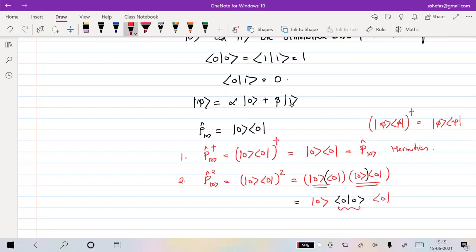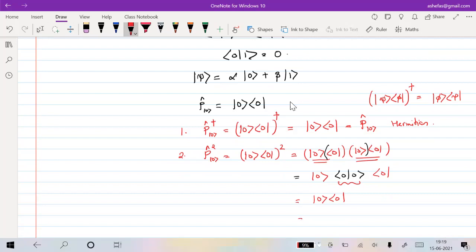Now what would this inner product, bra 0 and ket 0, be? That would be 1 because they are normalized, and hence this becomes ket 0 bra 0, which is the same as our original projection operator. So this operator P, defined this particular way, satisfies both conditions, and therefore it can be treated as a projection operator.